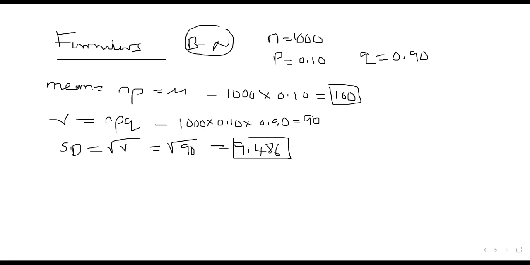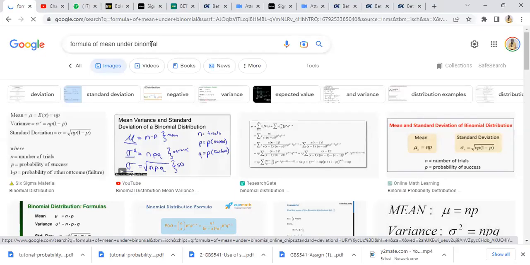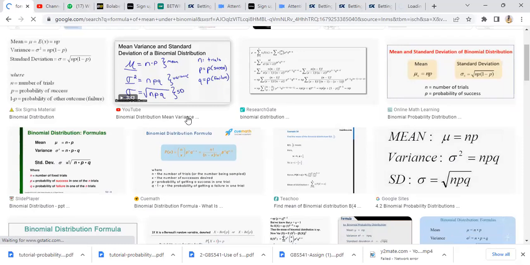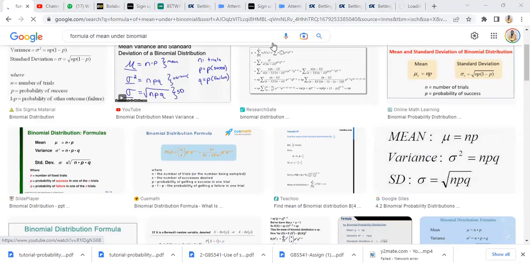Even if you Google the formula for the mean under binomial, it's a known one: NP. It doesn't even require a particular book. You can see it, right? Yes, I've seen it.